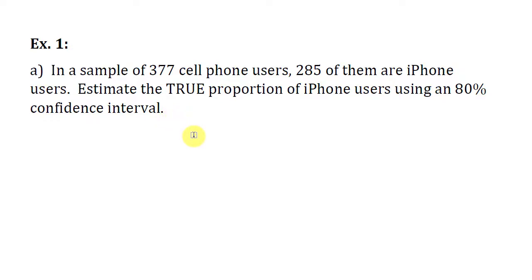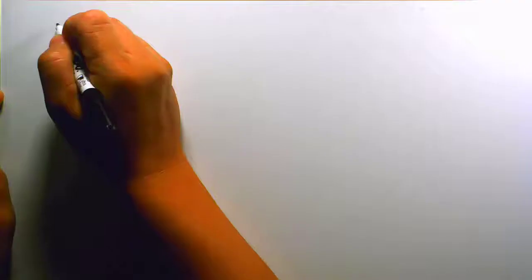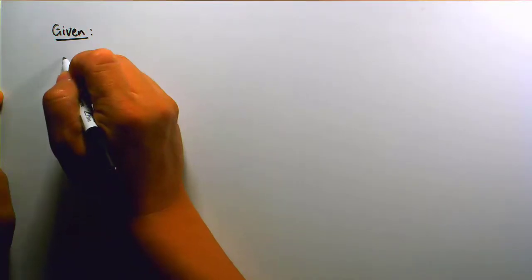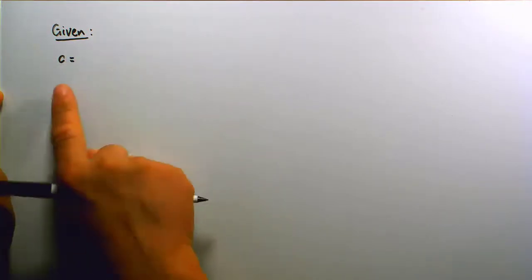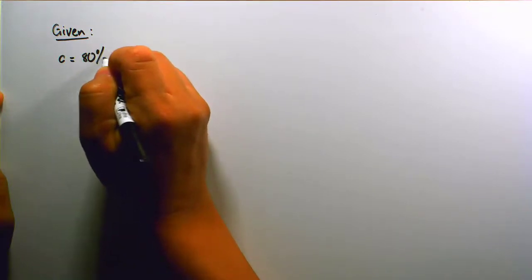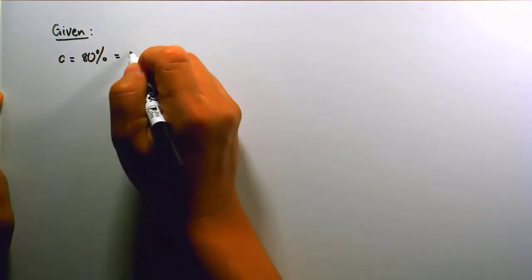So once again, as we already have seen a lot of explanations throughout the beginning lecture about how to find a confidence interval to estimate a population proportion, then in here we can see that according to the given information, the confidence level that we are given here, lowercase letter c, is given to be 80%, or for calculation we use 0.8.